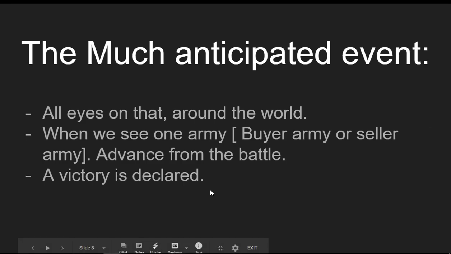Buyers or seller advancement is when a certain group is breaking out from the zone. And guess what? This is the much anticipated event. All eyes around the world are watching this and getting super excited.